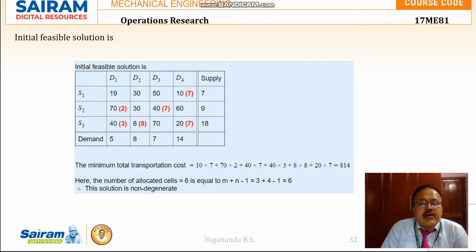There is still a chance of improving the allocations. We will discuss that in the optimality test using the MODI method, that is, modified distribution. Using the MODI method, we will test whether the solution obtained is optimal or not.